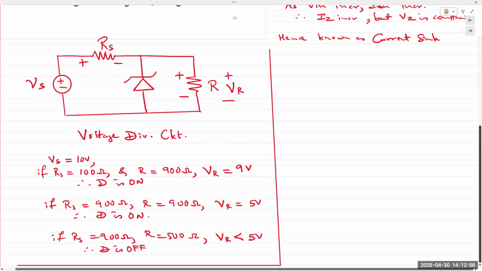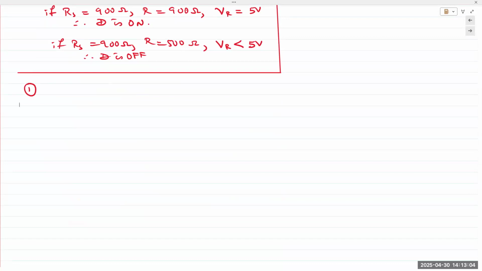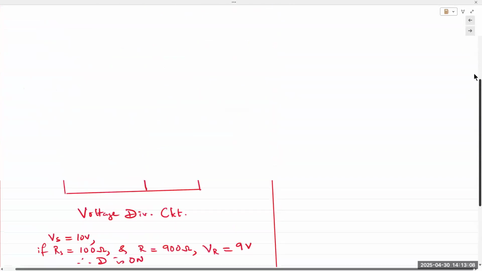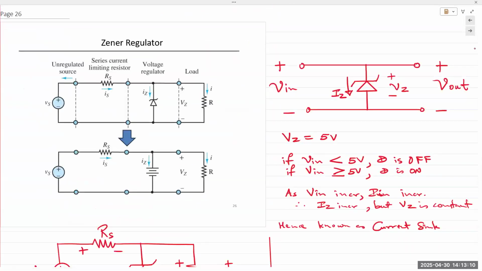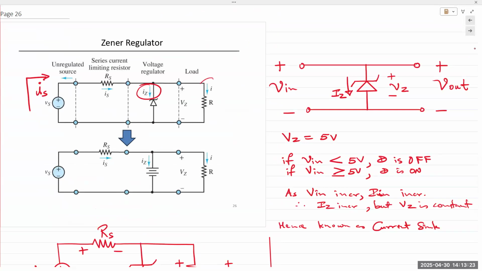The first one is that the total supply current coming from the left, let me mark it here. This is where the total supply current is coming from, IS, right? IS goes to the series resistor RS, and it splits into two, IZ and I.